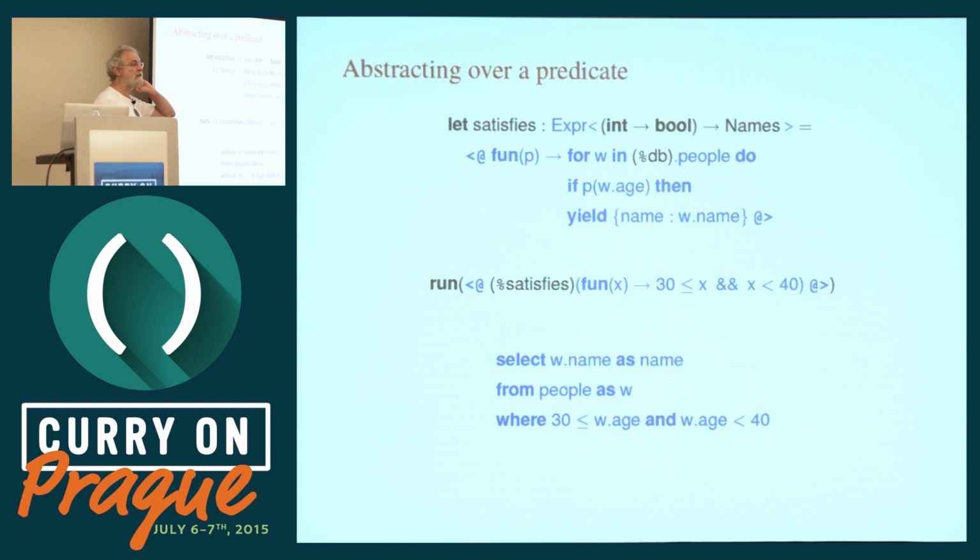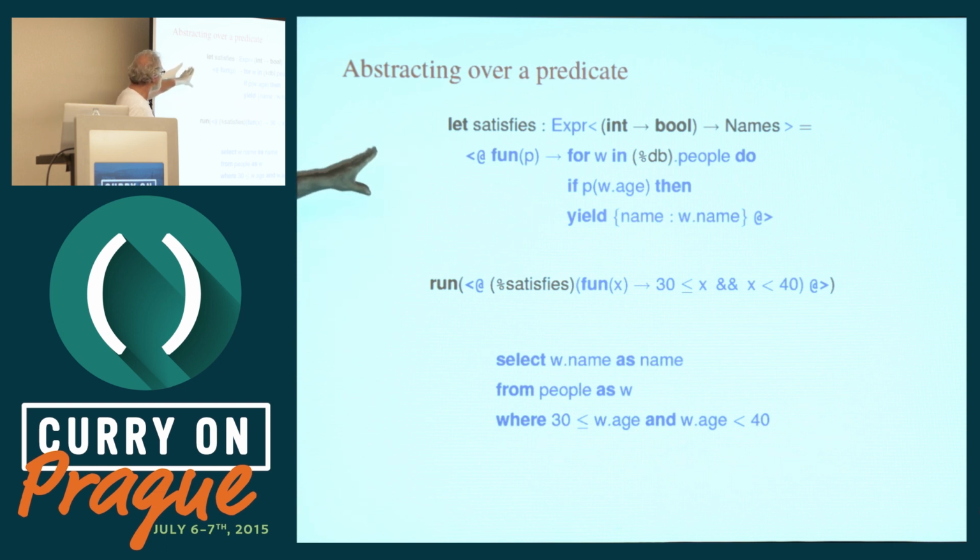So that's fairly straightforward. You should be able to do that in any DSL. But the following thing was very hard to do in many versions of LINQ, and there were long blog posts explaining how to do this. Now what we want to do is abstract not over values, but over predicates, over functions, higher order functions. So now we've got an Expr that takes a predicate, a function from int to bool, and it returns a list of names. Here's our thing.